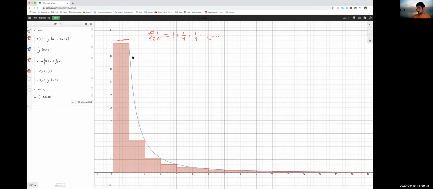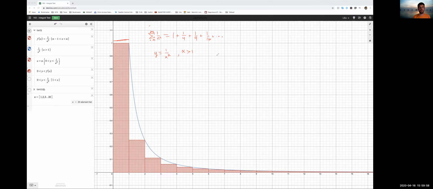Here's a graph of the function. This is the function y equals 1 over x squared for x greater than 1.